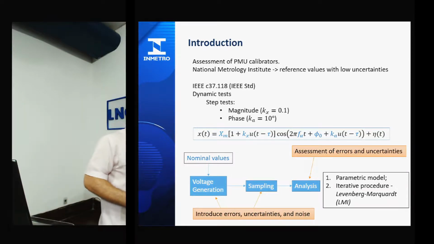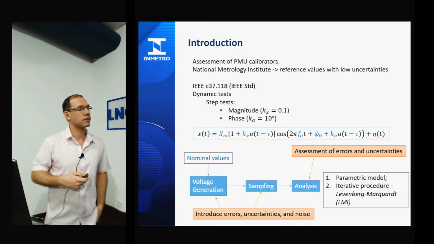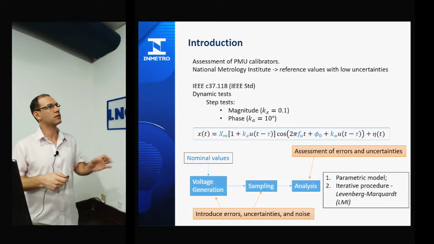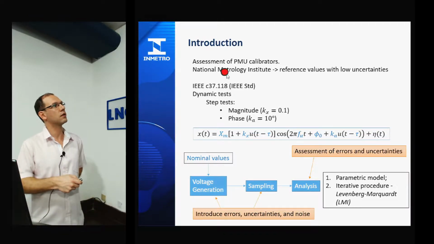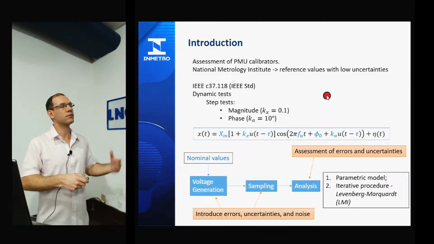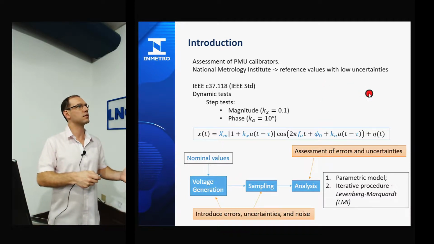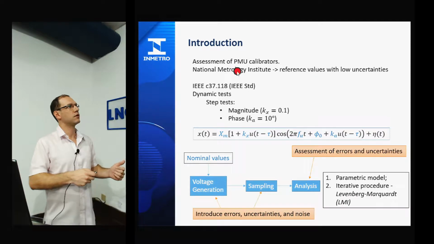So, we want to assess PMU calibrators. In the National Metrology Institute, we wish to have reference values for synchrophasors, for PMUs, with low uncertainties because we need to assess PMU calibrators.